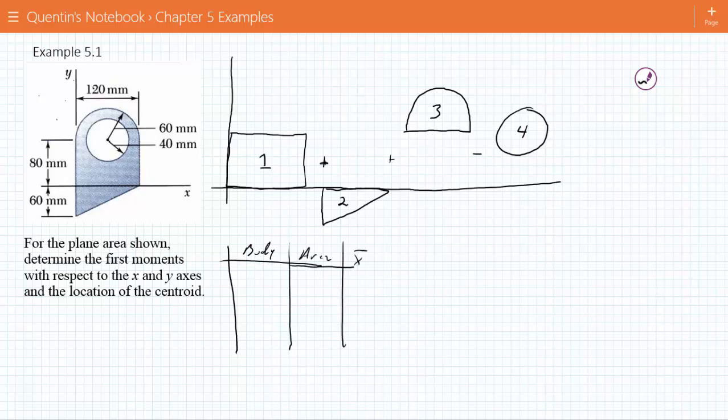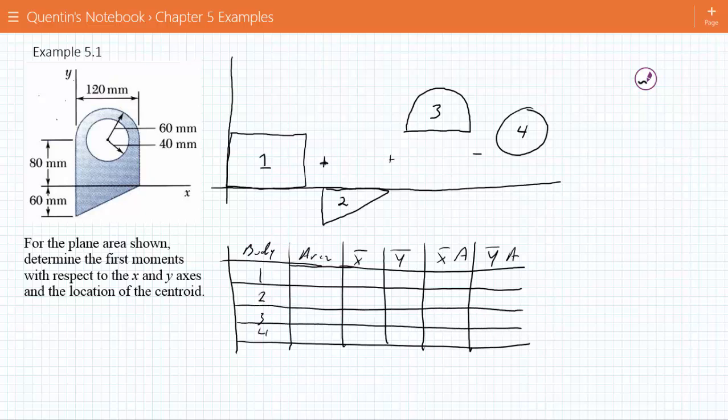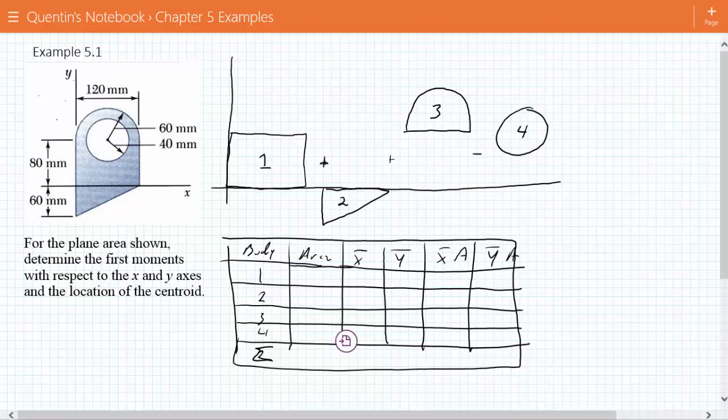We're going to find the X bar, Y bar, X bar times area, and Y bar times area. Then we have bodies 1, 2, 3, 4, and then we're going to take the sum. We're going to fill out this table, so let's go over and fill it out in Excel.